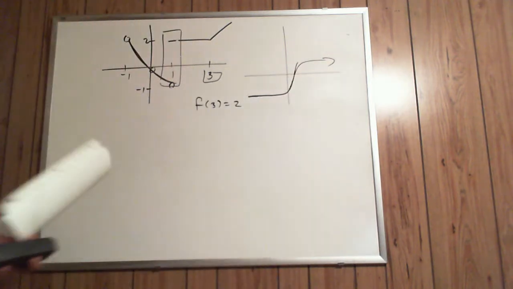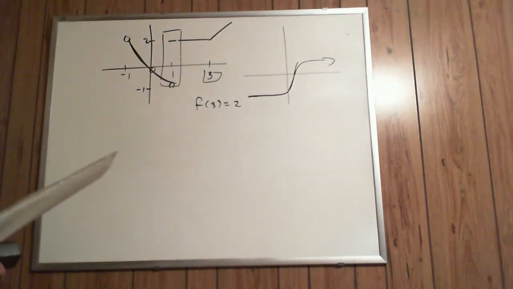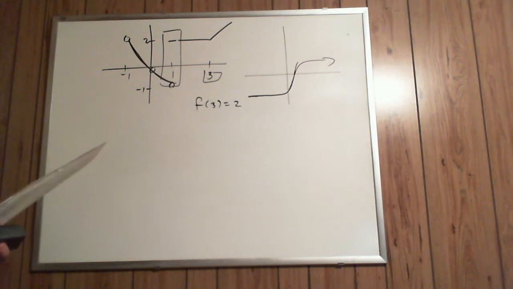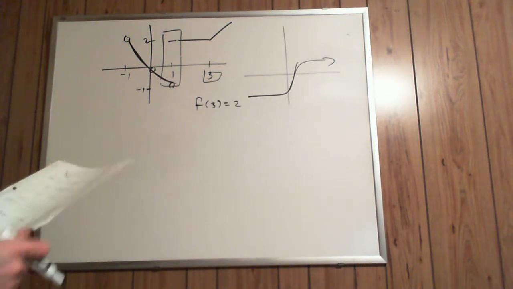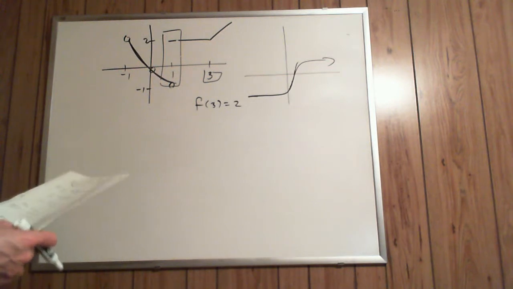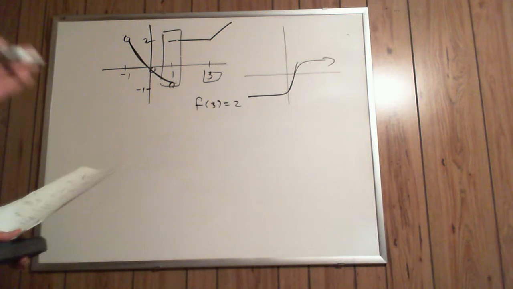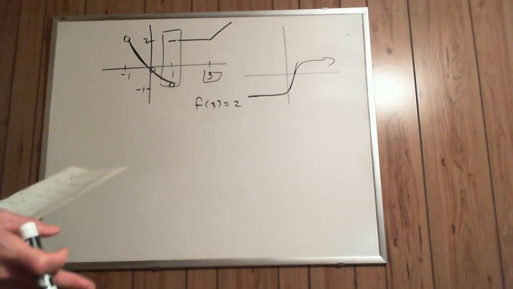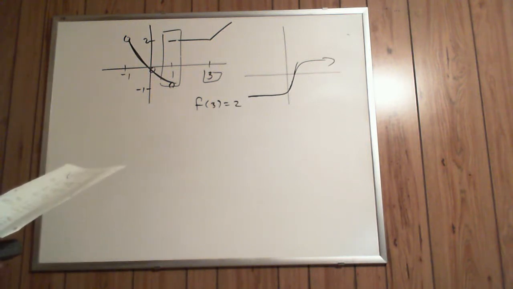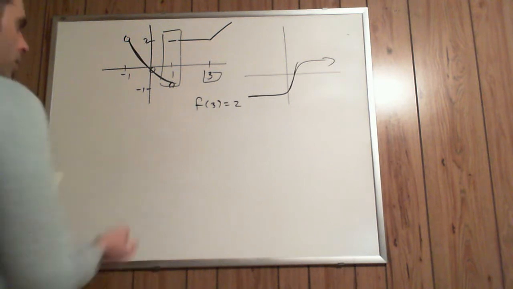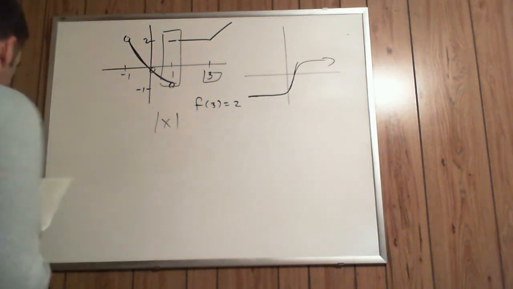That's a common graph that has a vertical tangent. So where a tangent line appears to be vertical, it is not differentiable there. Okay, so remember, if a function's differentiable, it's continuous. If it's differentiable, it's got to be continuous.